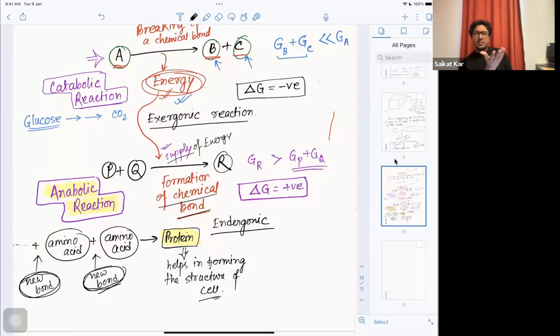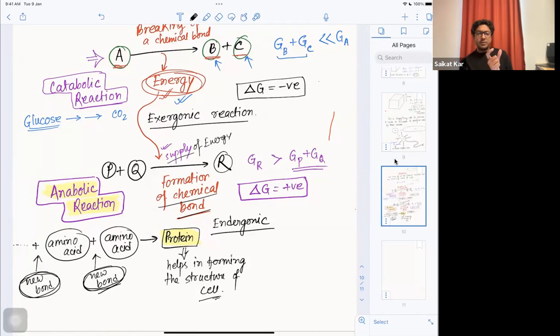There can be a lot of exceptions, because no anabolic or catabolic reaction is a single step reaction. There is a series of reactions, say 10 reactions. Even in a catabolic process, majority of the reactions, say 90%, will be Del G negative.